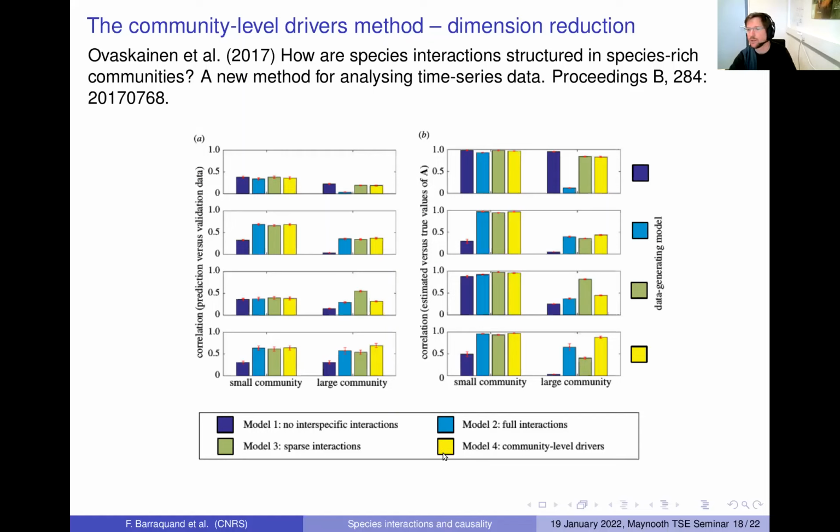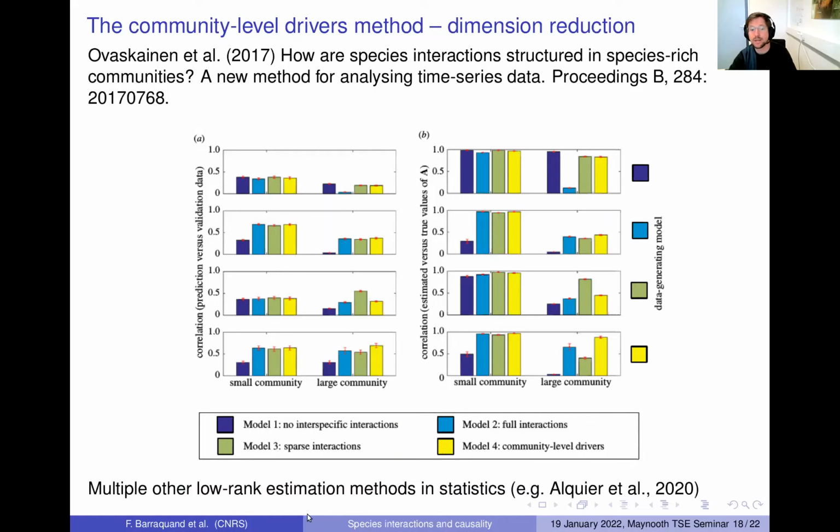There's probably something left to the appreciation of the analyst there. And there's multiple other low-rank estimation methods in statistics that are currently being developed. So probably many other things like that will appear in the next years.